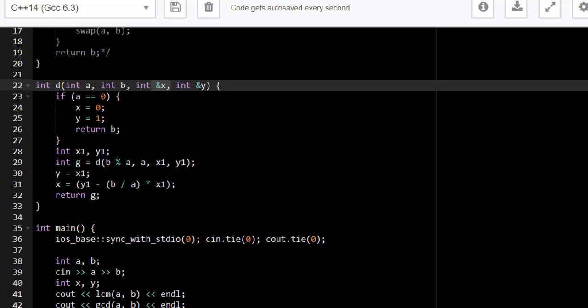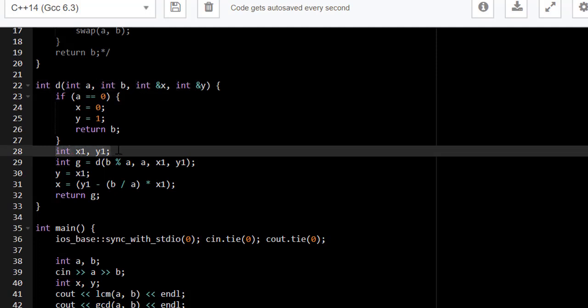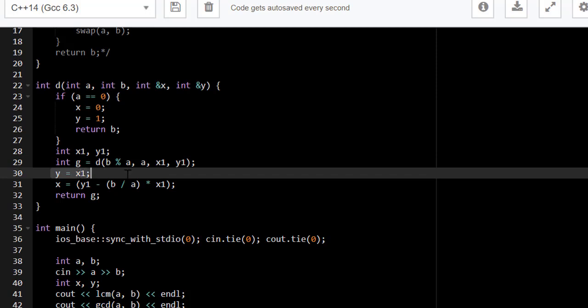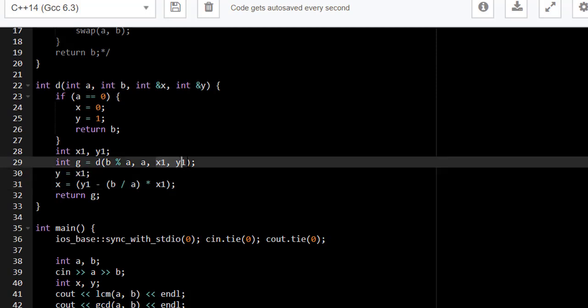Okay, and we're going to have these temporary variables in each of the calls to the function so that we can modify their value later. Okay, so that is basically what our code is doing. I am taking these values as references, I am modifying them, and then I modify the values that I should modify in this call according to the values that I have previously computed, and we just add the base case.